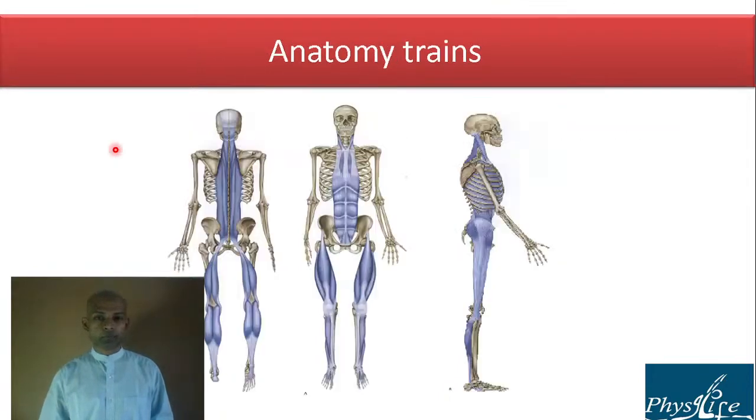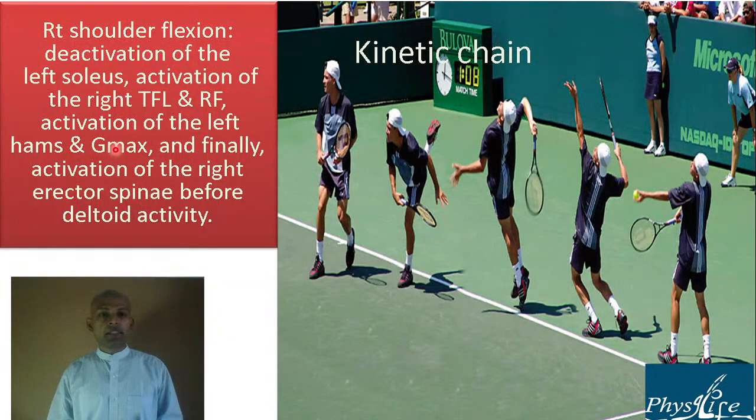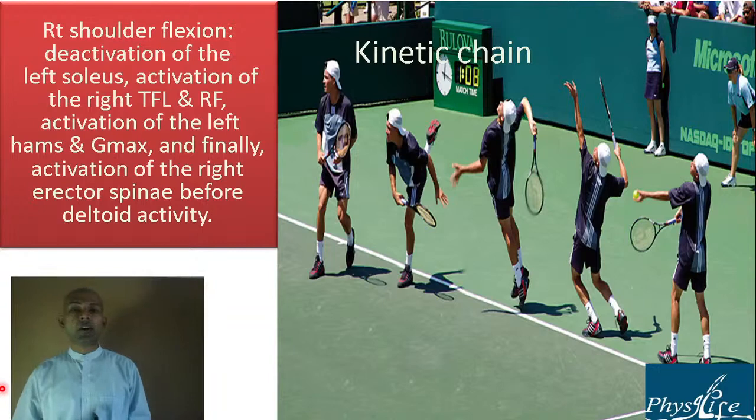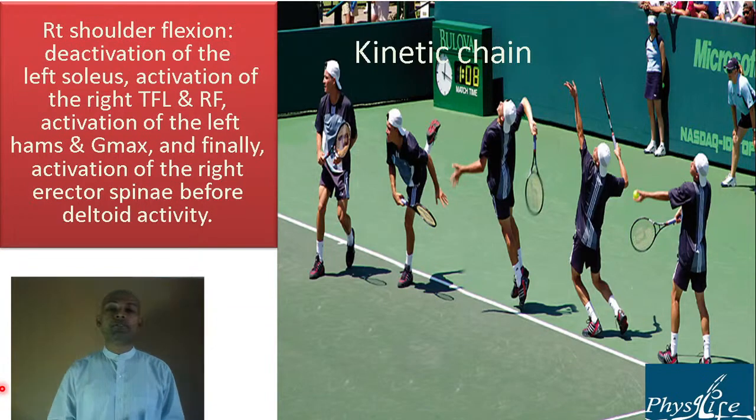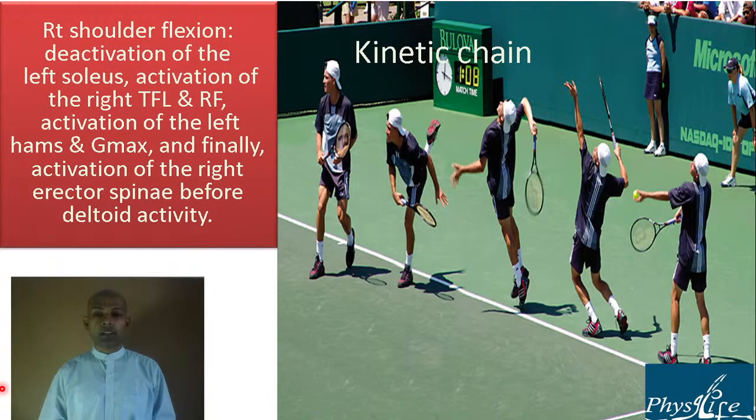Now, Myers, however, is not the only person or the only theory where we understand the whole body connection. We were always aware of the kinetic chain. Take this example.